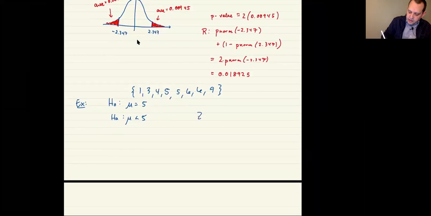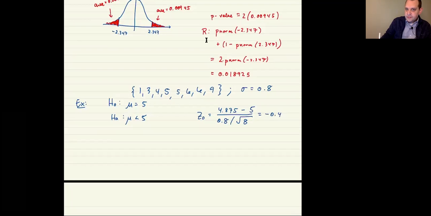And so our standardized score, Z naught, is going to be the mean of this set, which is 4.875, minus the population mean, which we get from the null hypothesis, which is 5, divided by, suppose that the standard deviation of the population is 0.8. I forgot to say that. So 0.8 divided by the square root of 8 in this case. And what we end up with when we do this is negative 0.4419.